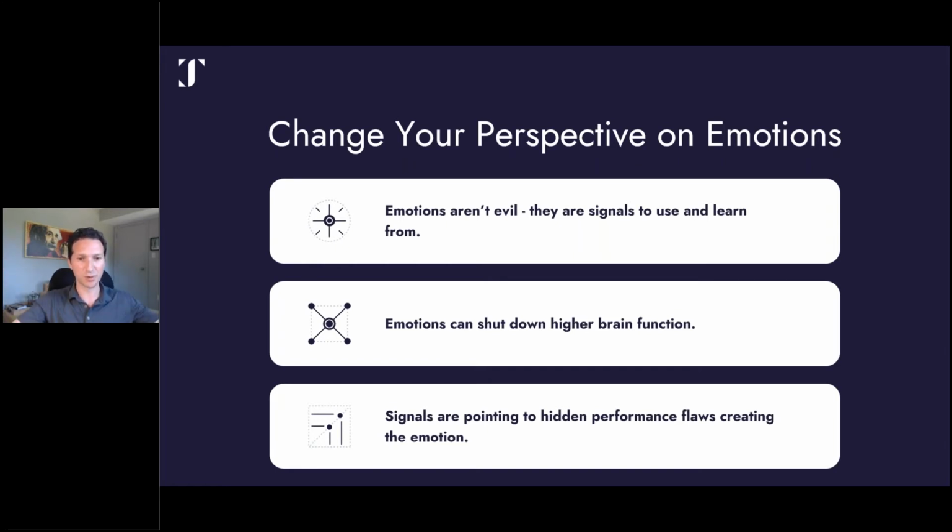Because this is where the advice from the trading psychology world can come in handy. I'm not the purveyor of all the right advice. There are a lot of good traders and a lot of good perspective out there, but you have to use it in the right way. You've got to use it early, and you've got to use it correctly to fix the underlying performance flaws that are creating the emotion.